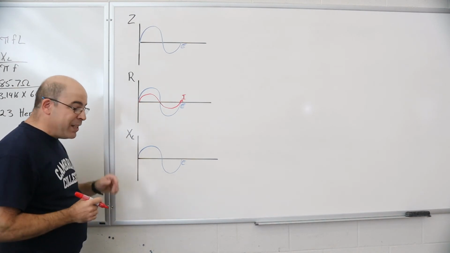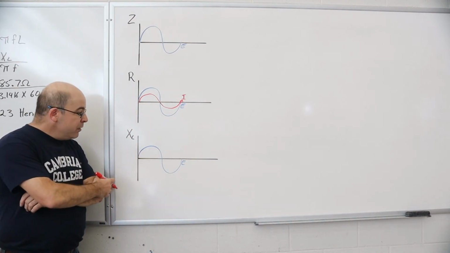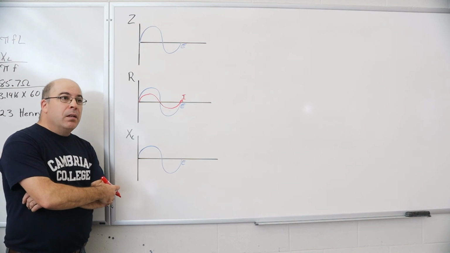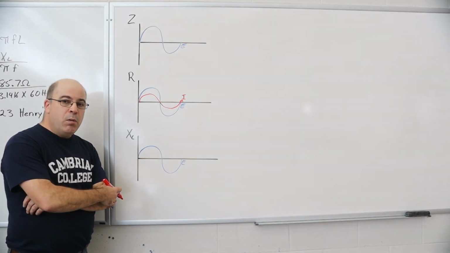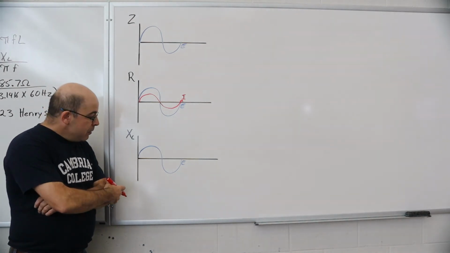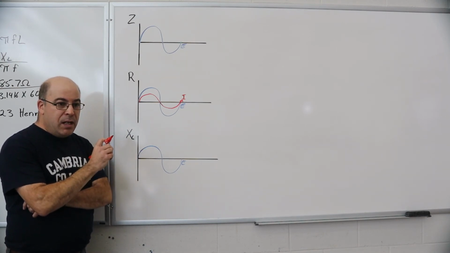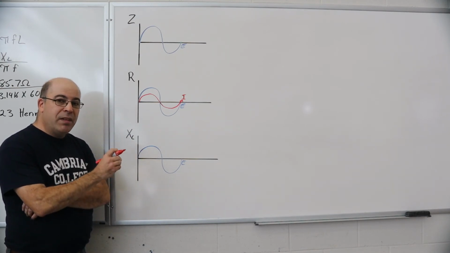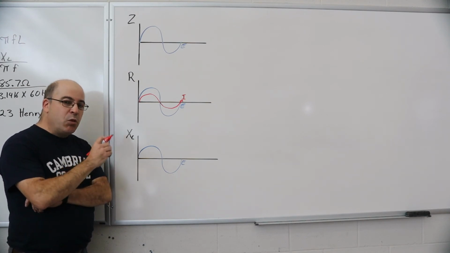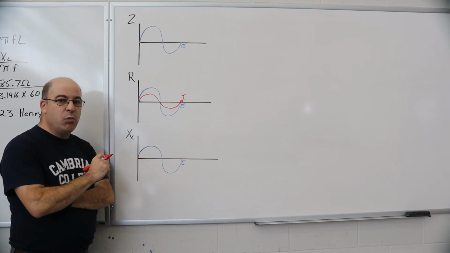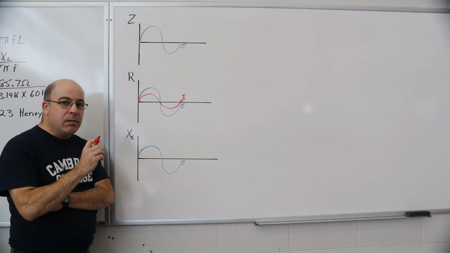Now here, for the inductive branch, inductors oppose a change of current. Now if the voltage is the same and the inductor naturally opposes a change of current, then that means that the current is going to lag the voltage waveform by 90 degrees.